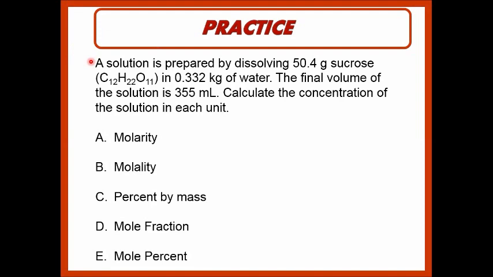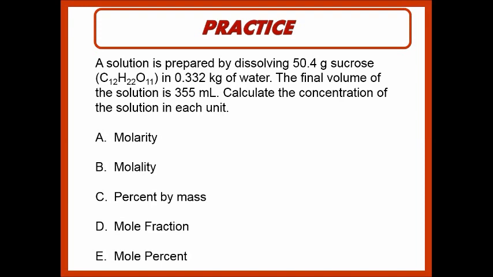We are told that a solution is prepared by dissolving 50.4 grams of sucrose into 0.332 kilograms of water. The final volume of the solution is 355 milliliters. We're asked to calculate the concentration of the solution in each of the following units. When we're reading a word problem, it is best to pick out the important information.